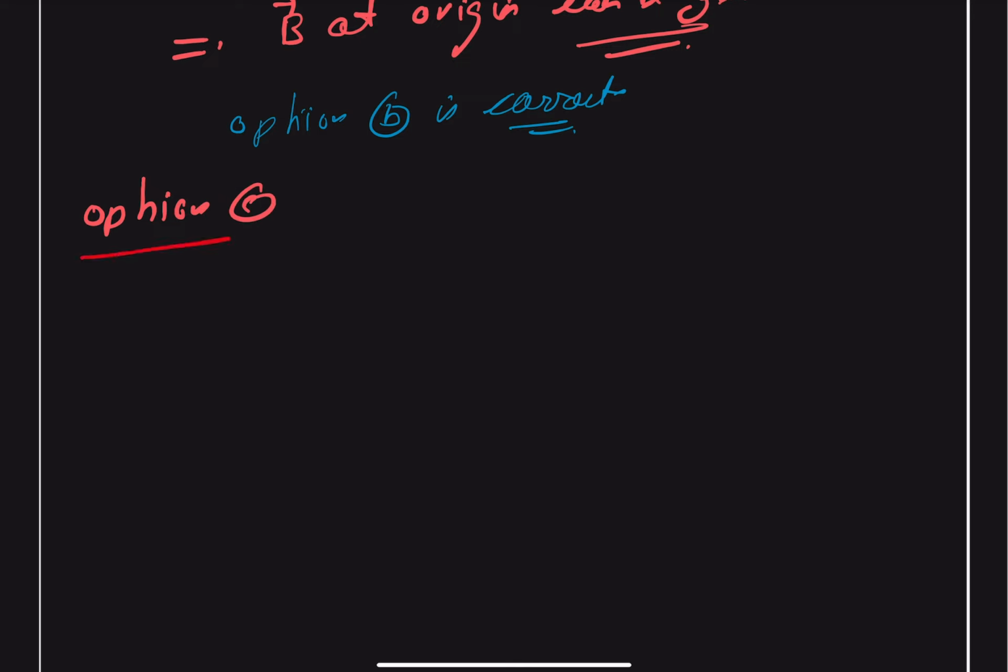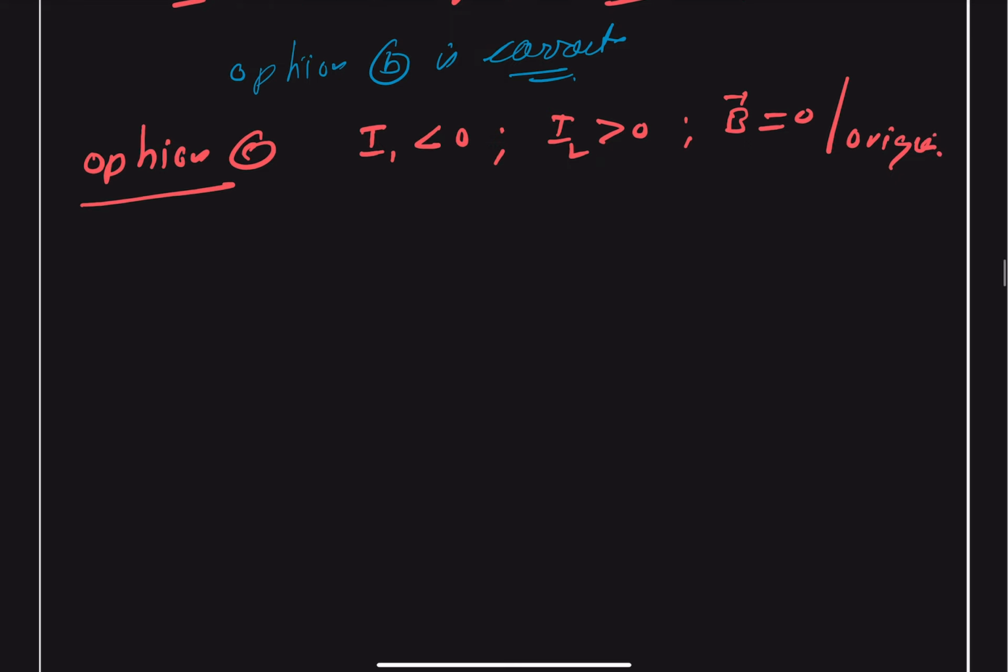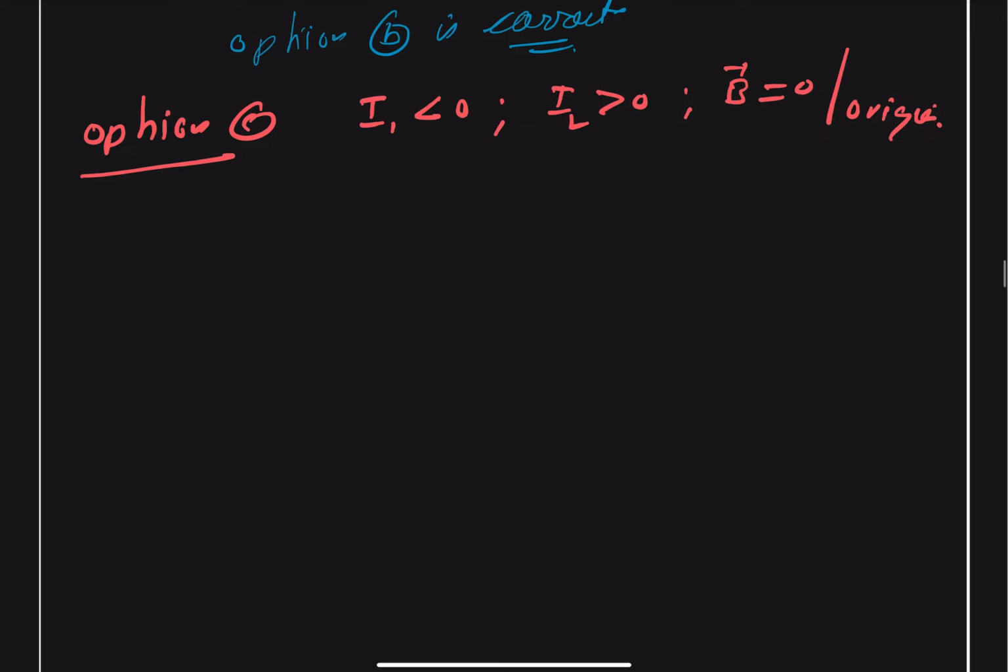And it states that now I1 is less than 0, and I2 is greater than 0, here also it says that net magnetic field can be 0 at origin. So now we can just write it straightforward that the direction of current because of the wire at x equal to plus r will be now minus j unit vector.